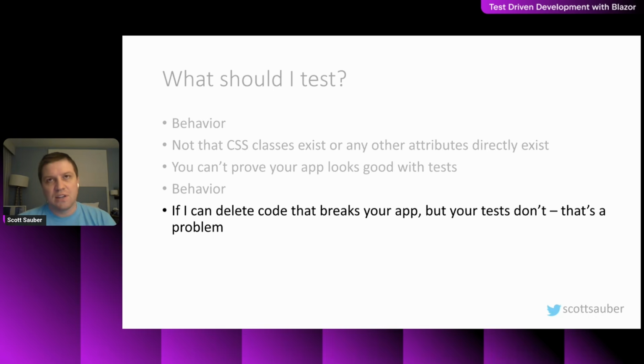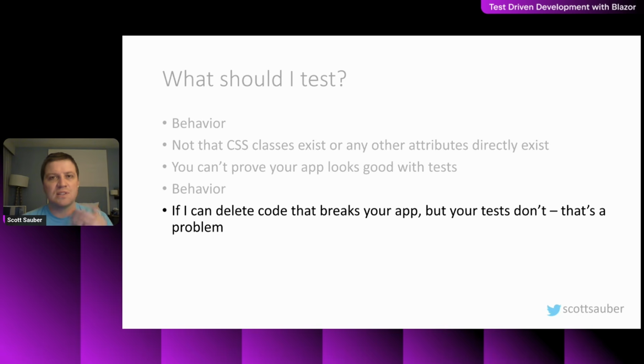Now, there is a slight nuance to that, because every rule has reasons to break the rule. For instance, if the cost of maintaining that test is so large because you're interacting with tons of third-party things that you don't control, which you can still mock out, so it's not really a good example.